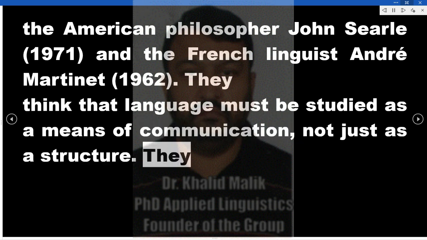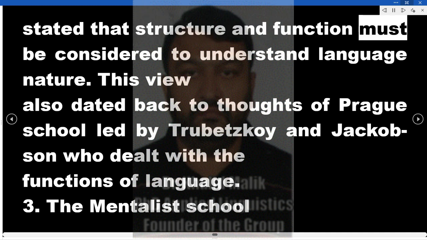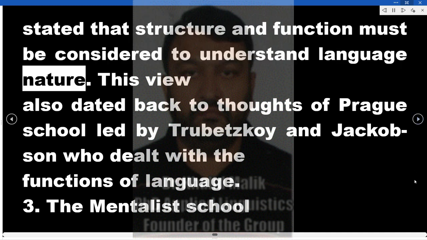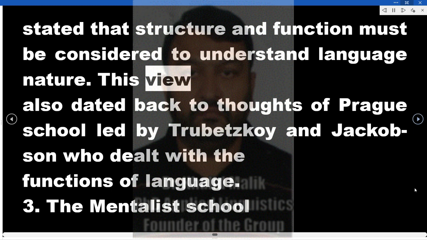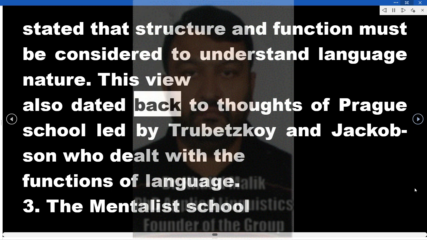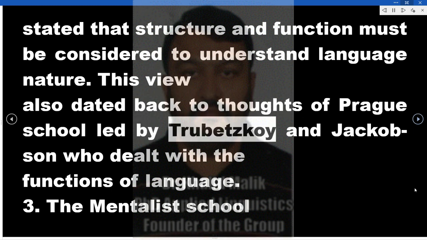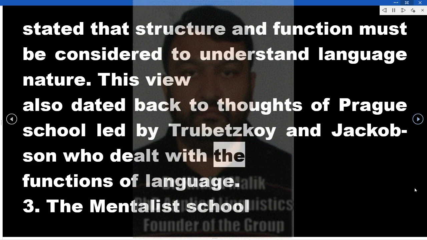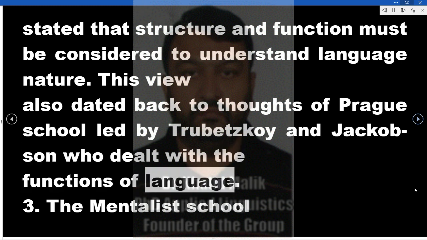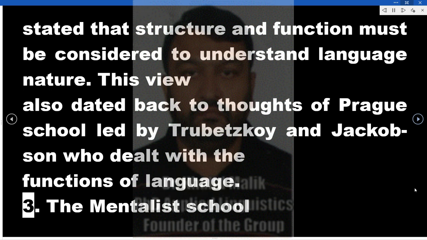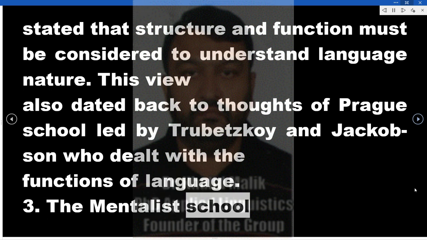They stated that structure and function must be considered to understand language nature. This view also dated back to thoughts of the Prague school led by Trubetskoy and Jakobson, who dealt with the functions of language.